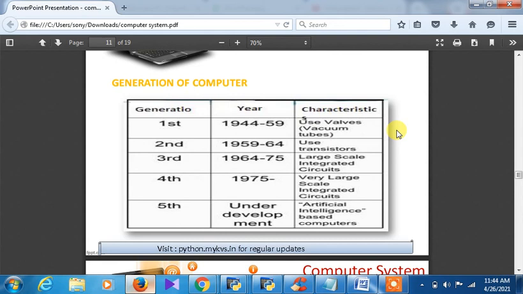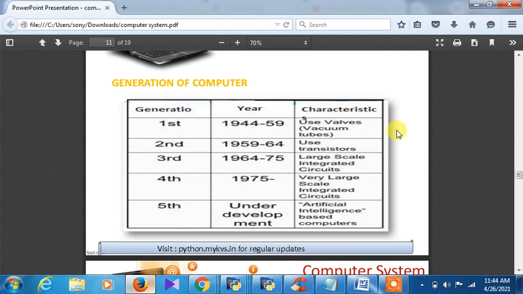And transistors used to be made on a silicon chip, and the process of manufacturing was quite easy and the manufacturing cost was low.